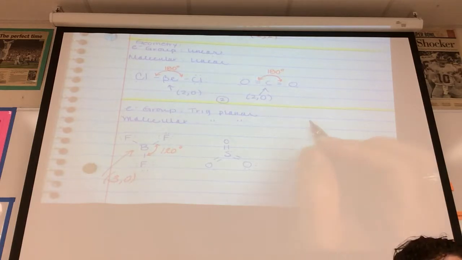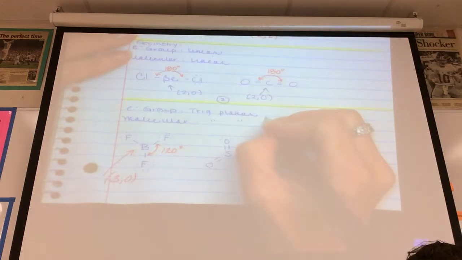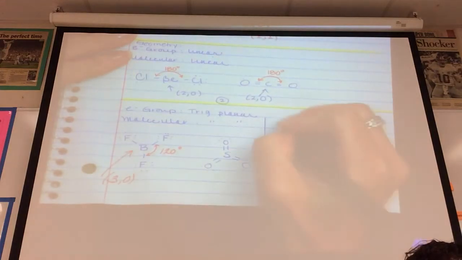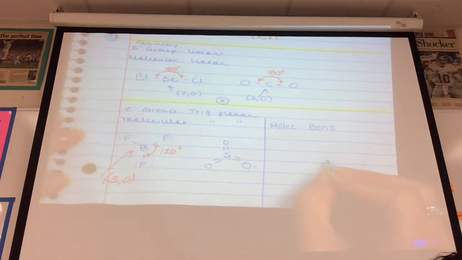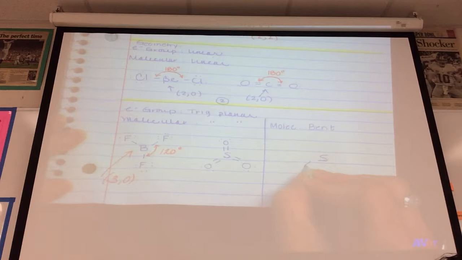The other one I want to show you is still in the same electron group geometry, but the molecular geometry here is going to be bent or angular. For example, sulfur dioxide, which we saw the other day because it exhibits resonance.